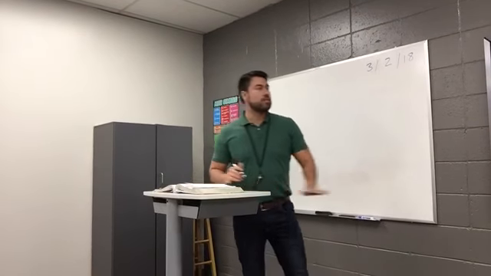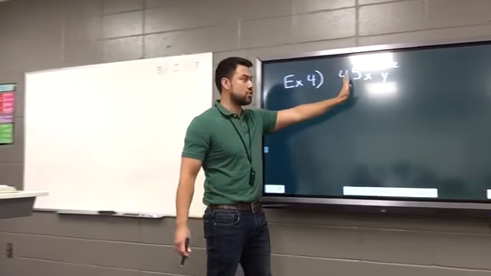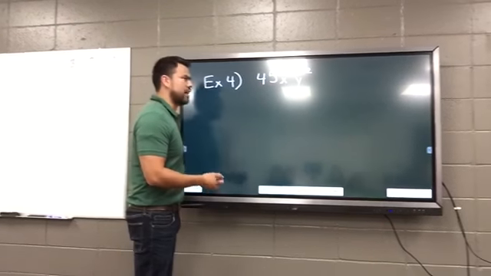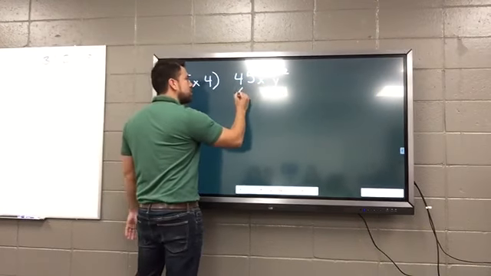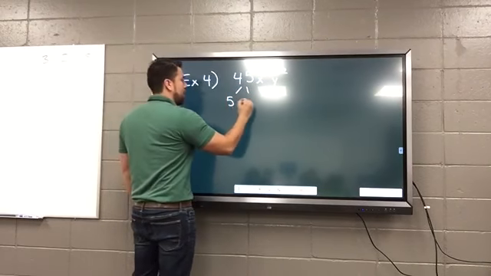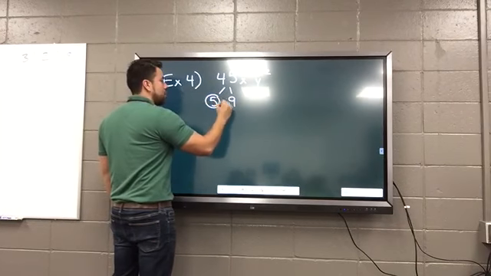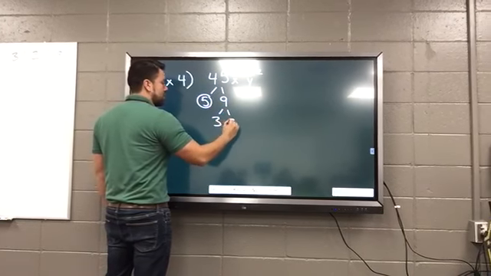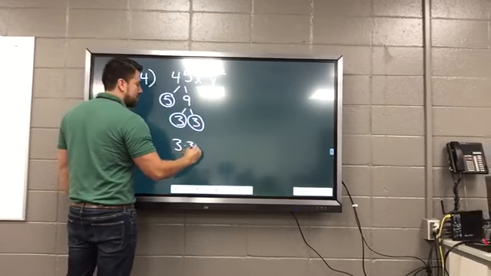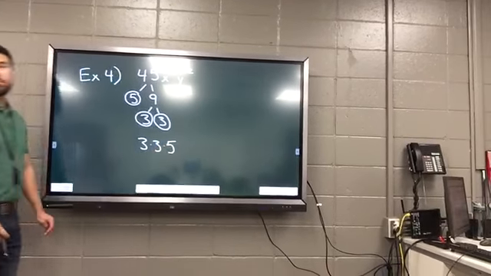What I want to do is get the prime factorization of this expression. So you're like, what do I do with those variables? Just deal with the numbers for now. What does 45 break into? 5 and 9. And 5 is a prime number, but 9 is not. So I get my 3 and my 3. So right now I have 3 times 3 times 5. That's for the number part.